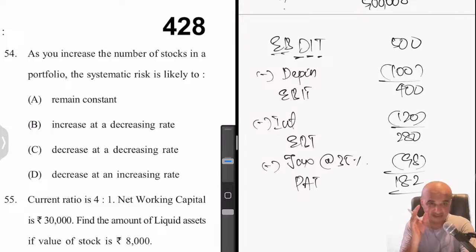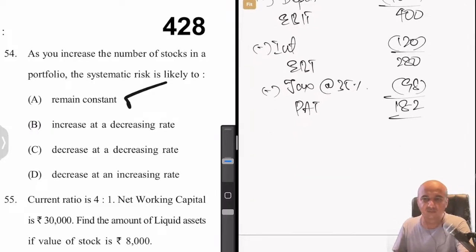Systematic risk is that risk which is inherent to the market and it cannot be diversified away.